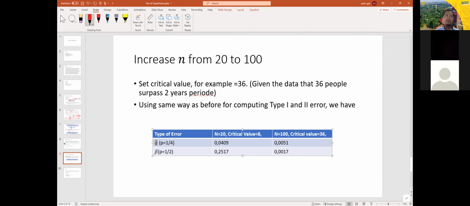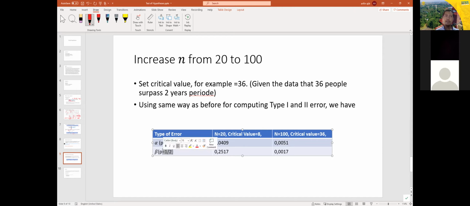This is alpha. When the P is equal to 1/4, which is 25%, at the sample size 20 it is around 4%, and the critical value is 8. And then when we have sample size 100 and critical value 36, it is less than 1%.